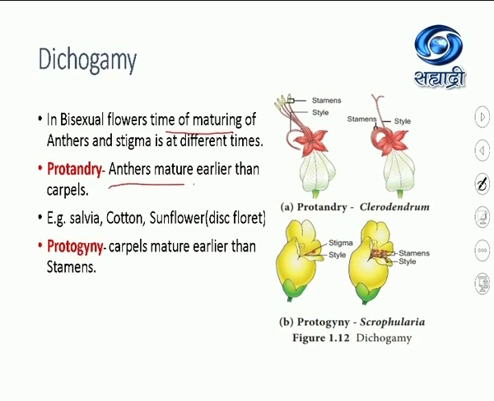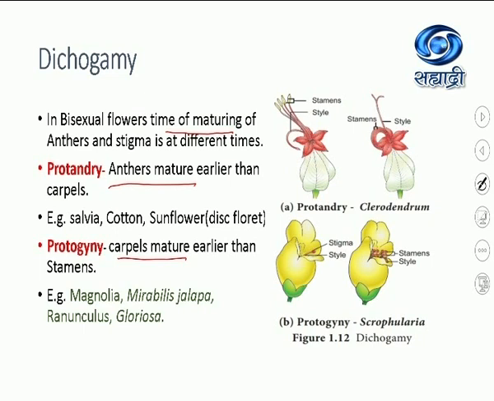Protandry, anthers are maturing first. Protogyny, carpels are maturing first, and therefore cross-pollination is promoted. Examples of protandry: salvia, cotton, sunflower disc floret. Examples of protogyny: magnolia, mirabilis jalapa, ranunculus, gloriosa.